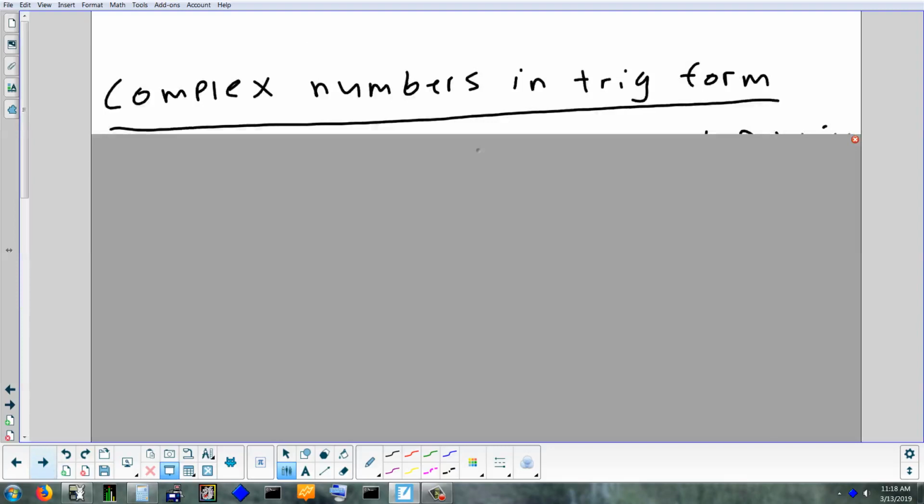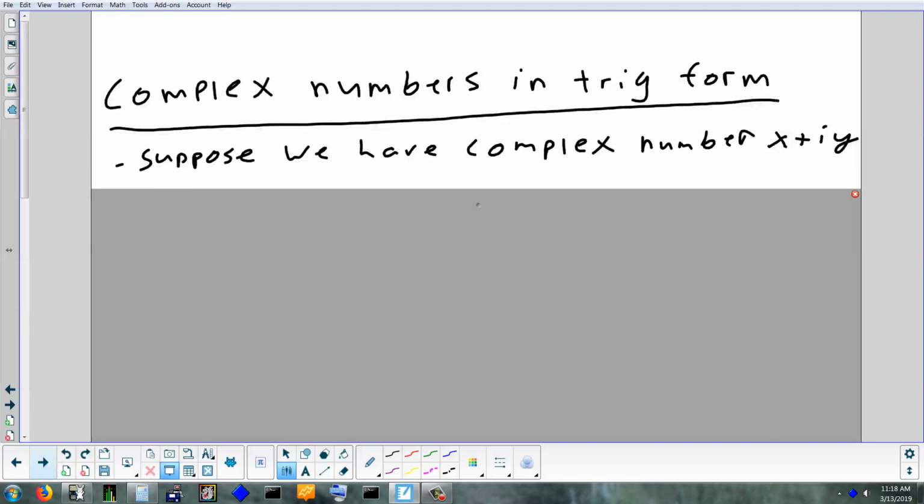All right, so we're going to take a look at how we can write a complex number in trig form. Now, I switched to letting the real and imaginary part be represented by x and y because the real axis, which is this part, is x, and the imaginary axis, which is the second part, is always y.